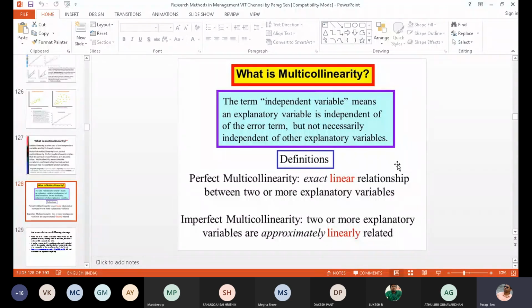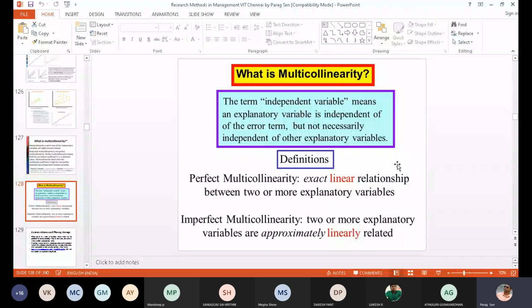So why are we discussing this? We are discussing it because in many models, for example in the structural equation model, multicollinearity is not desired.